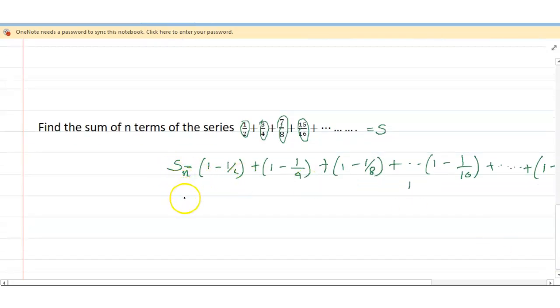So friends, it can be written as (n minus 1) by 2 plus 1 by 4 plus 1 by 8 plus up to 1 by 2 to the power n.